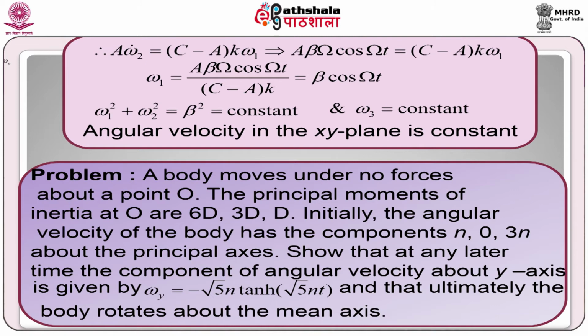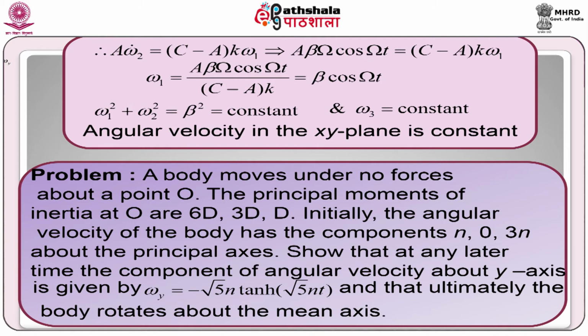Next problem. A body moves under no forces about a point O. The principal moments of inertia at capital O are 6 capital D, 3 capital D and capital D. Initially, the angular velocity of the body has the components small n, 0 and 3 into small n about the principal axis.